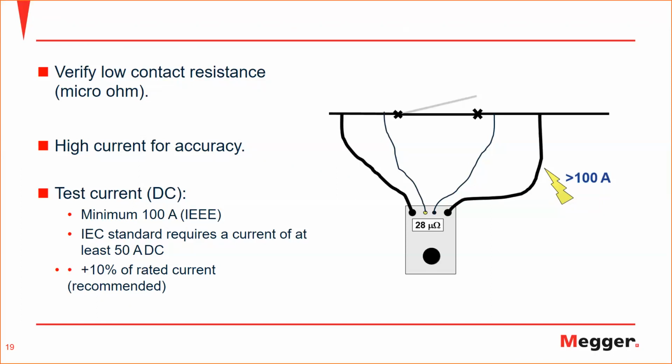I have to remove, or absorb, or just delete the effect of this main contact and measure only this arcing contact. So how can I do that?